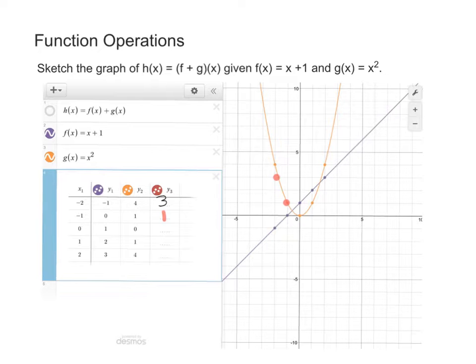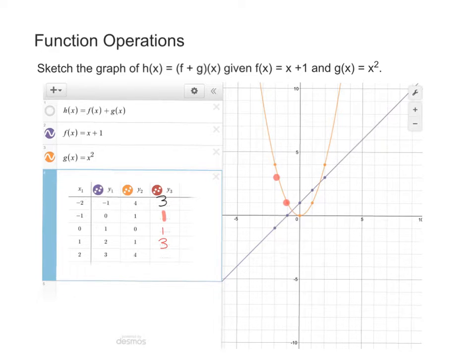The next y value, so we have f of x is equal to 1, g of x is equal to 0, h of x is equal to 1, because it's 1 plus 0. The next one is going to be 2, 1, 3. 2 plus 1 is 3.